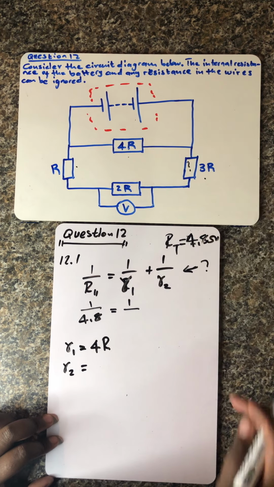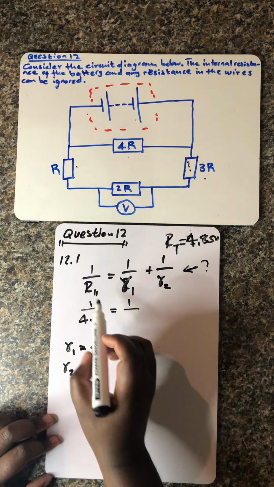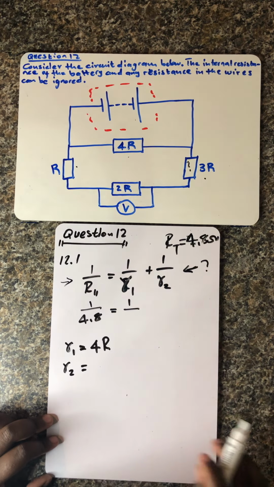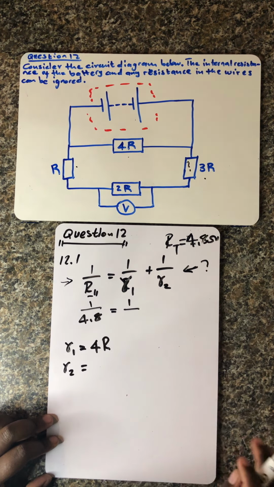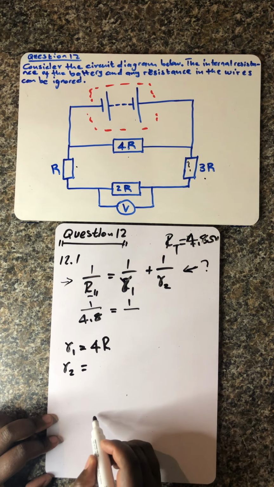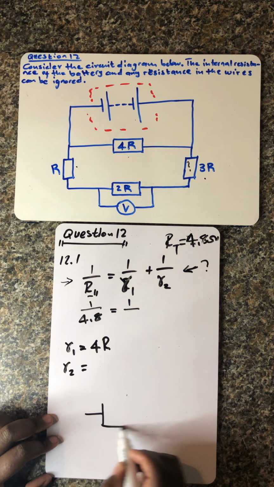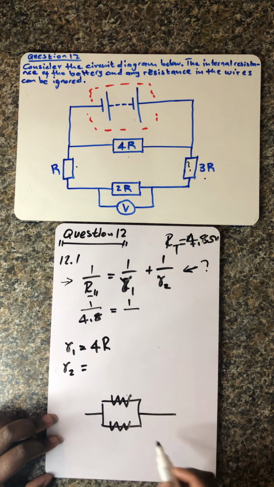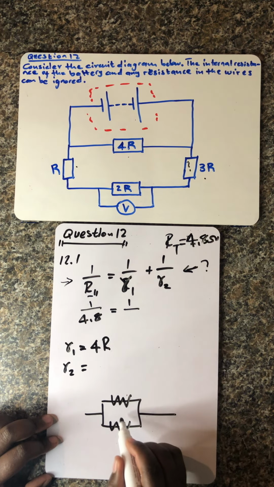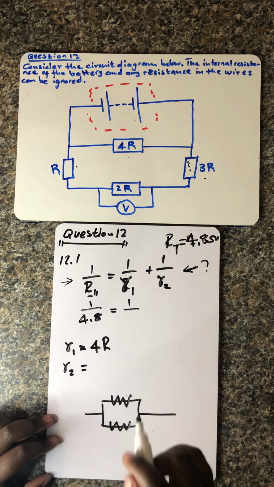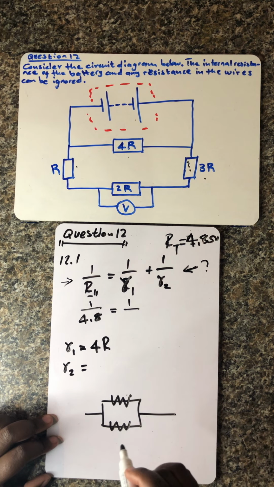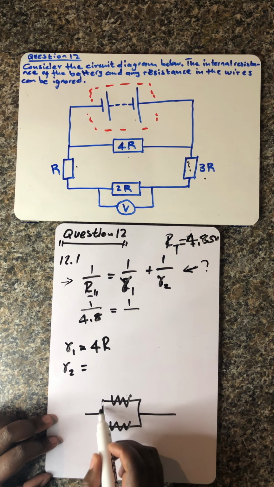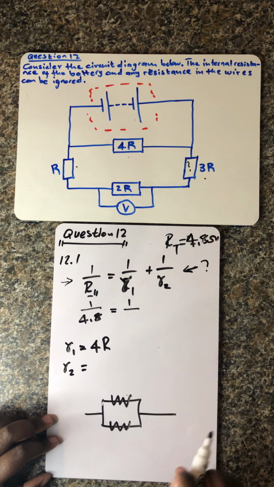Why all of this, ladies and gentlemen? It's because you are using a formula for calculating the resistance of the parallel connection. And when you use that formula, it means you have this type of connection. If you haven't got this type of connection, then you must make it look like this type of connection, where you don't have any other series connection within the parallel.